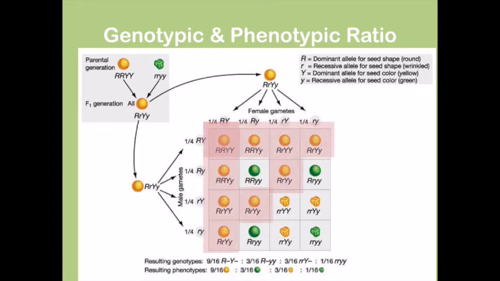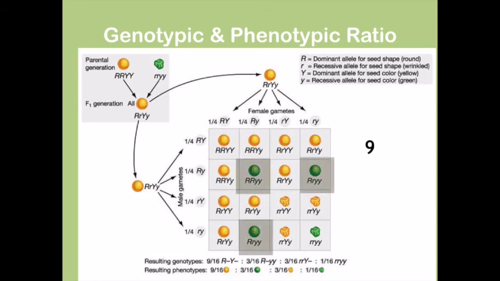Of these, I have 9 seeds which are round and yellow. Similarly, I have 3 which are round and green. Please note the genotype.